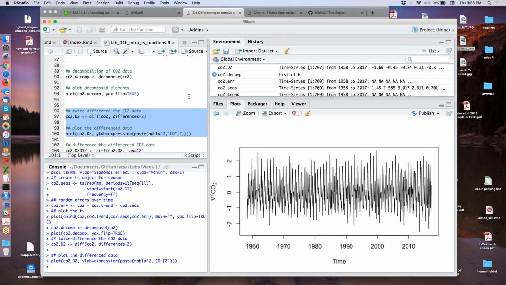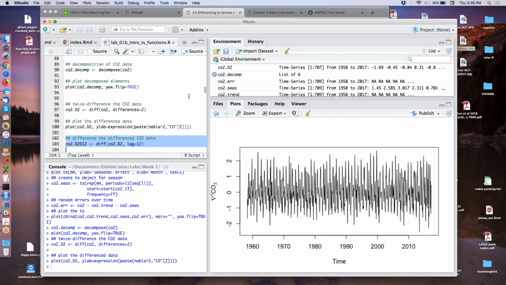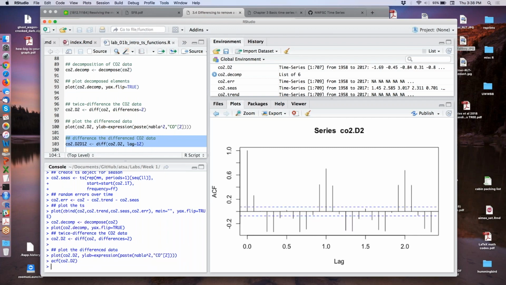So there's our data that had been twice differenced. So that got rid of the trend. That was nice because we had this kind of nonlinear increasing trend. But the truth of the matter is, we still have this kind of nasty period in there.